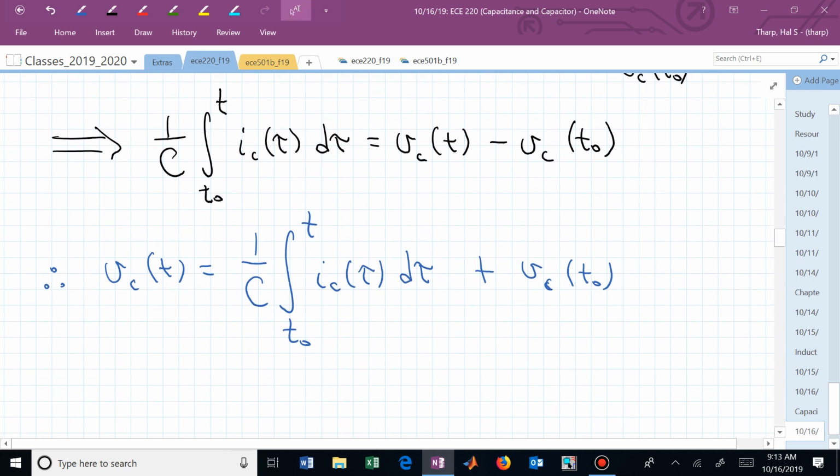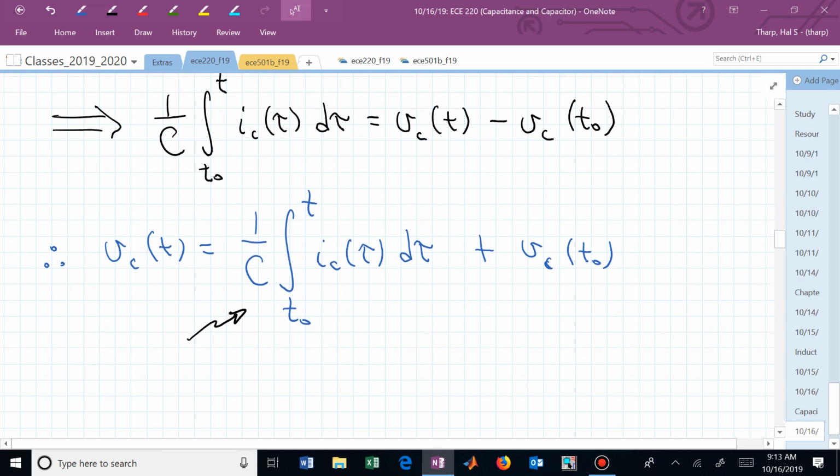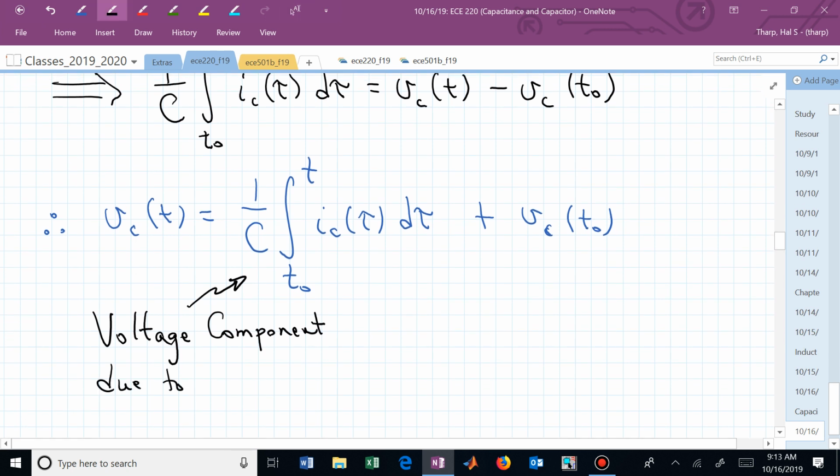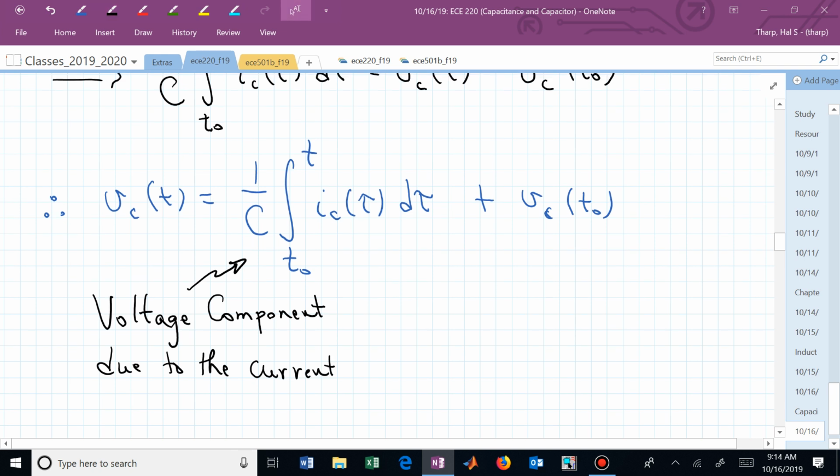Now we have this first part, which is the component of the voltage that's a result of the current that's flown from time t0 up to the current time. This is the voltage component associated with the capacitor due to the current that has happened from time t0, which is when we say we're interested in finding all of this out, to the present time.